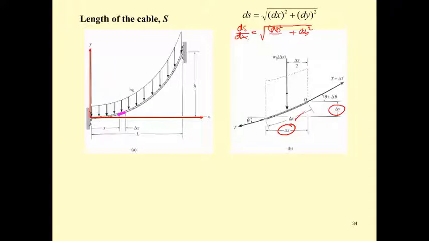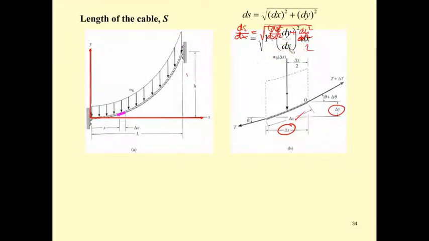Since this is dy by dx, this one is going to be divided by dx. So when you take the dx in, this is going to be 1 plus dy by dx, and then squared. You will get the same equation here.